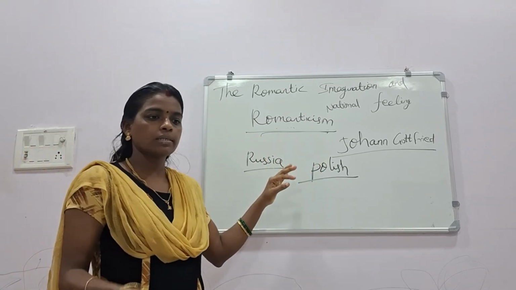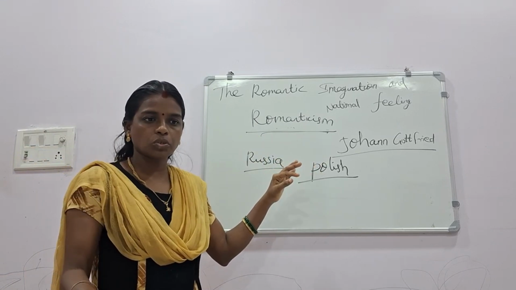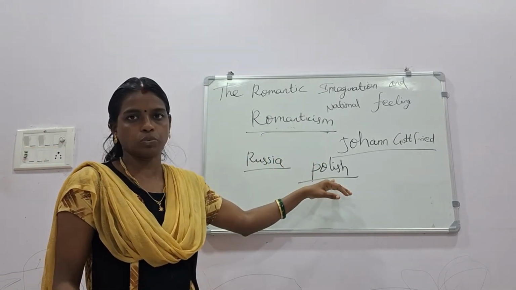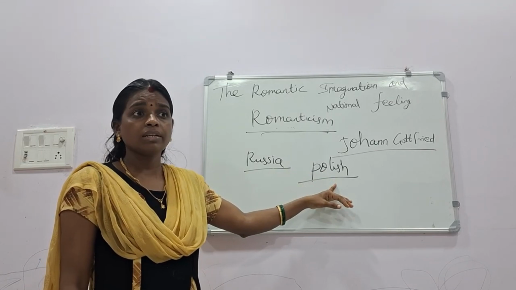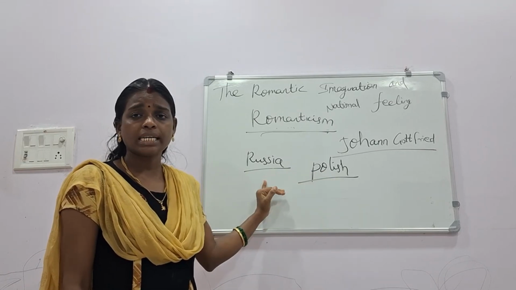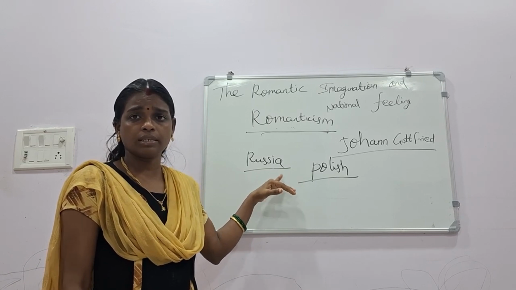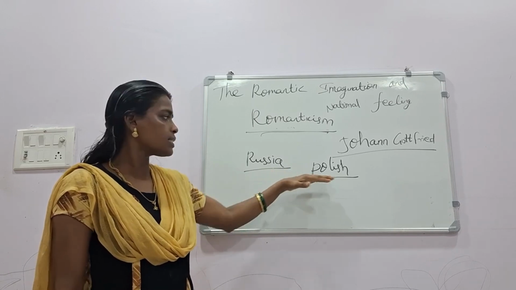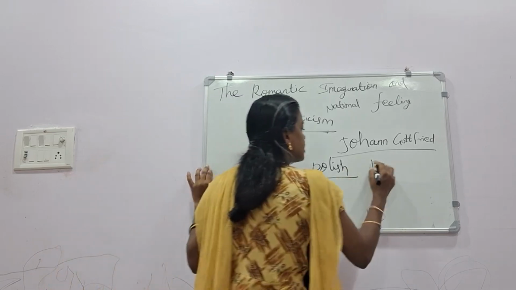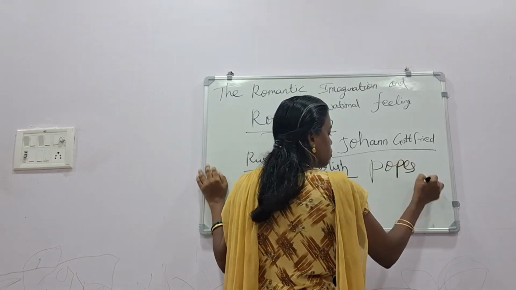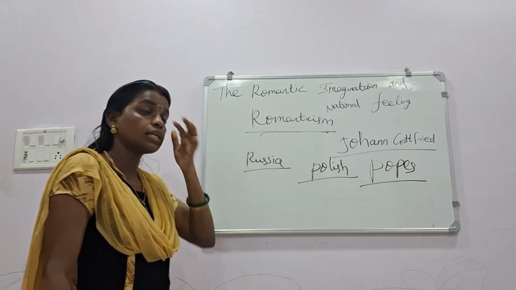They did the mass and gave advice to the people in the Polish language only. When they didn't follow the ideology or the order of Russia, they were arrested. The popes were arrested and sent to Siberia.